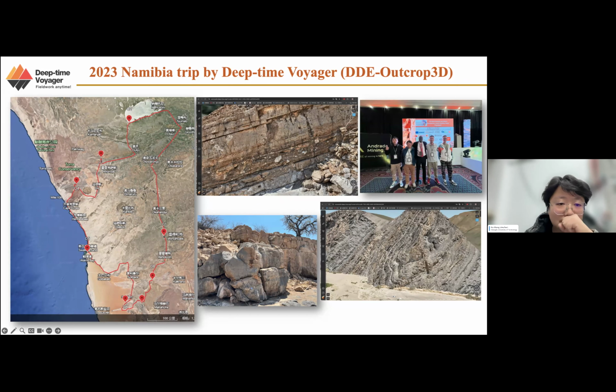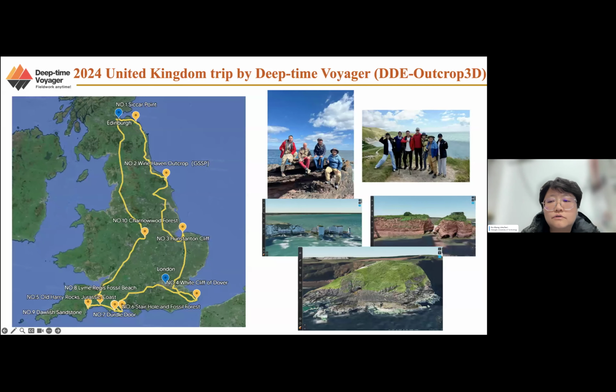We digitalized this Snowball Earth classic section and also the Damara belt, also classic sections. And in 2024, we continued the trip. We visited the UK and visited 9 classic sections to collect the models.